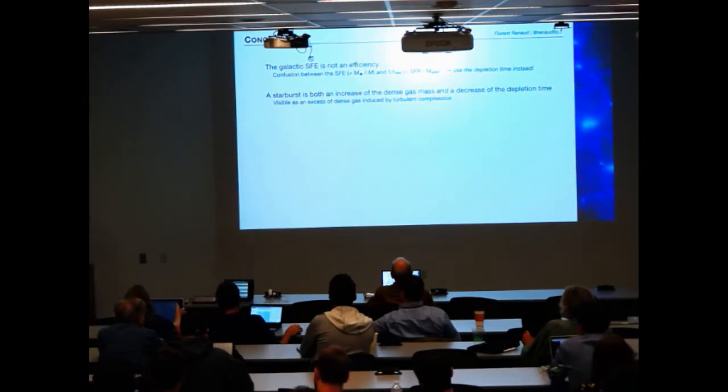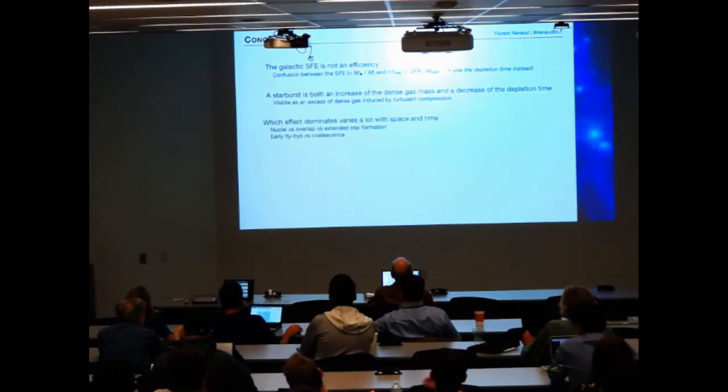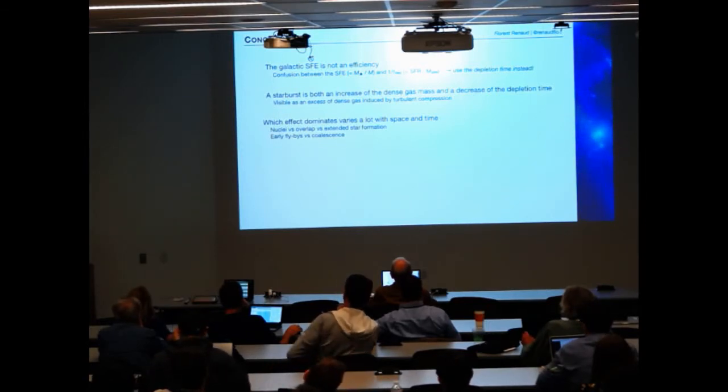It's visible as an excess of dense gas, which is induced by turbulence compression. And which effect between the increase of dense gas and the decrease of depletion time dominates varies a lot in space and in time. You can consider different regions in one galaxy or different phases in their interaction.